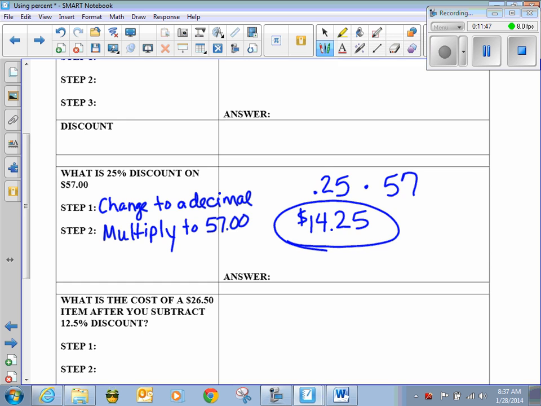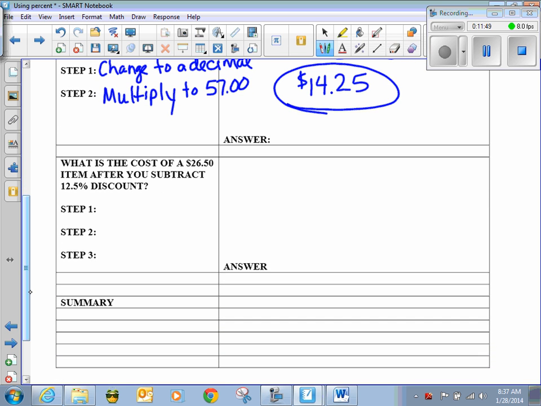Now, the next is, what is the cost of a $26.50 item after you subtract a 12.5% discount? I said 12.5% because 0.5 is the same as a half. So that's why I'm using that term. So step 1, change percent to a decimal.